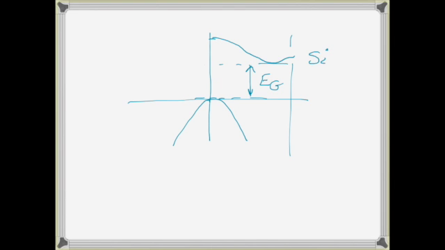Here in this example, the minimum doesn't actually happen at gamma, is it? That is correct. It does not. It happens at the X point. So just so you don't waste a lot of time, this is what it should look like.